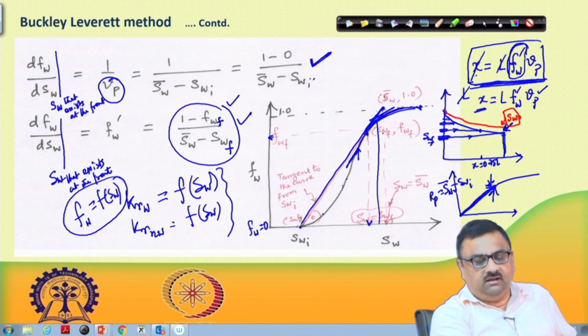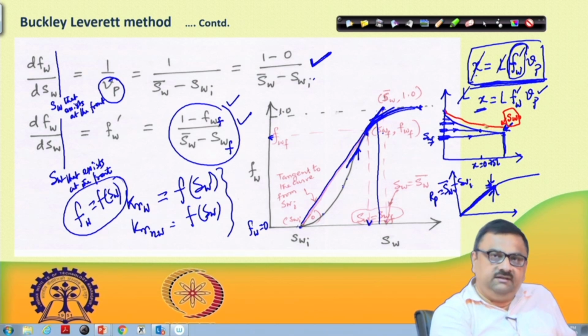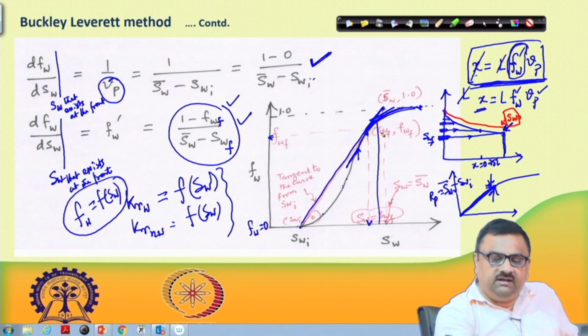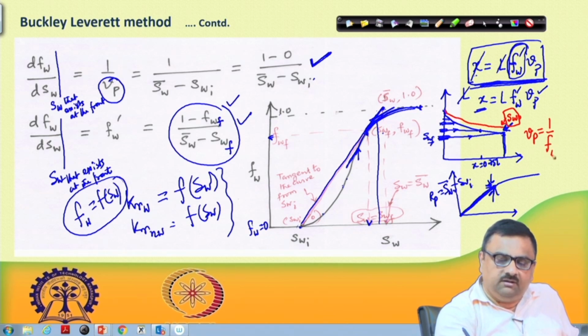SWF is unique for this system, and that is when the Buckley-Leverett front has reached the outlet. But now, if you have another SW, you go to that SW and find out the Fw prime for that SW. With that, when SW is at the outlet, one will have Vp equal to 1 by Fw prime.